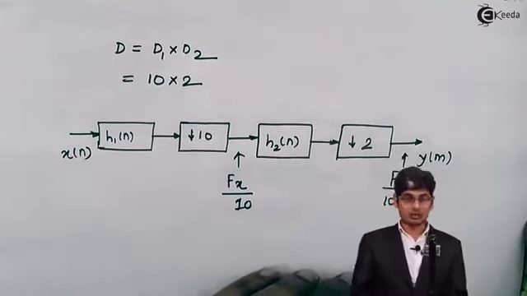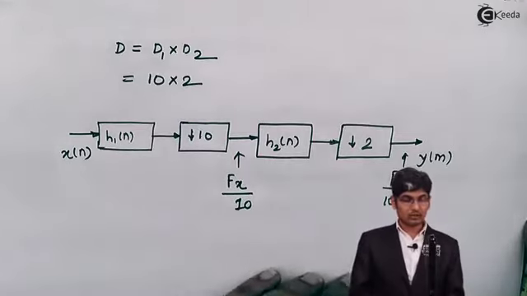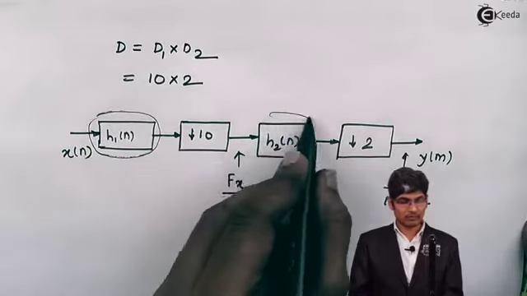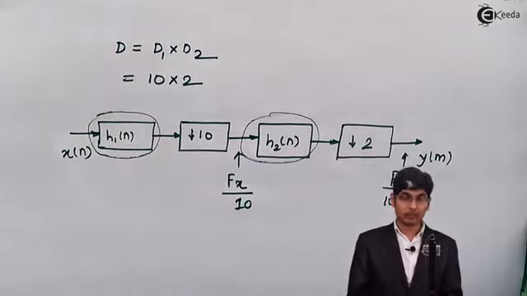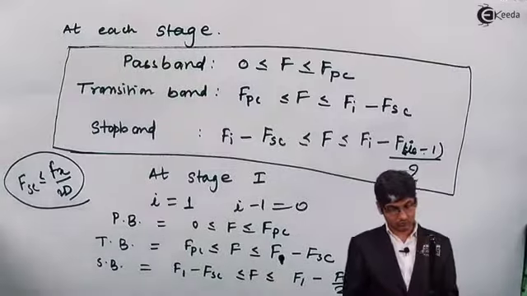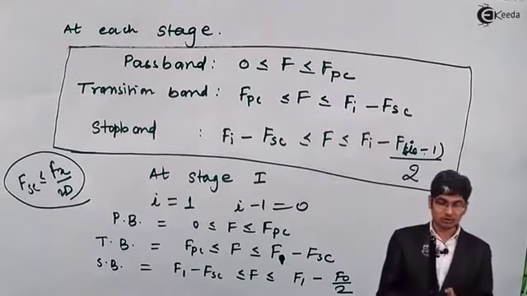So now we need to design the filter at stage 1 and the filter at stage 2. Let us see which formulas we need to use. The formula we need to use is this.